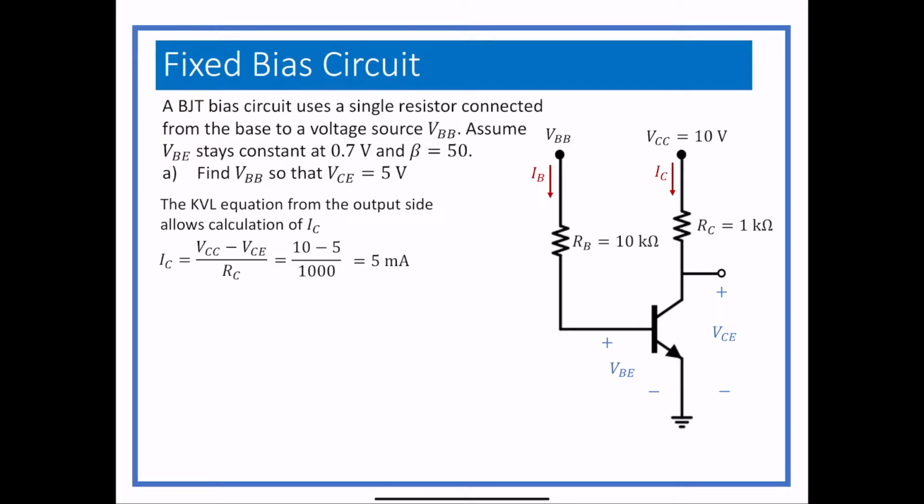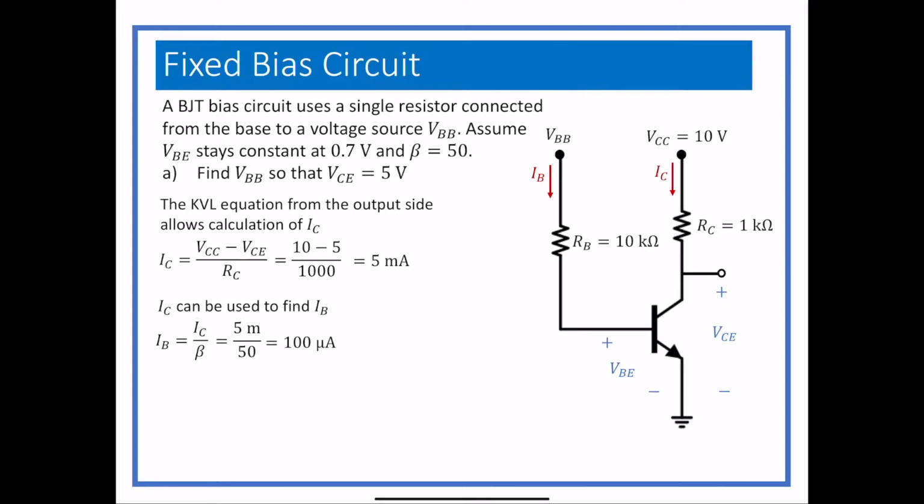Once you get IC, you can find IB by just using the value of beta. IC over beta is going to be IB, so we take 5 milliamps over 50, we get 100 microamps, sorry, 0.1 milliamps. I'm talking faster than you know how it is.